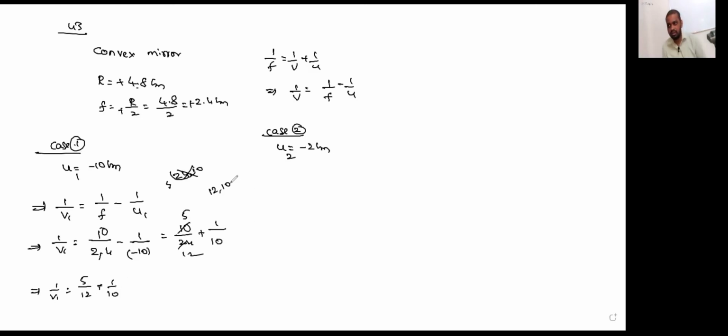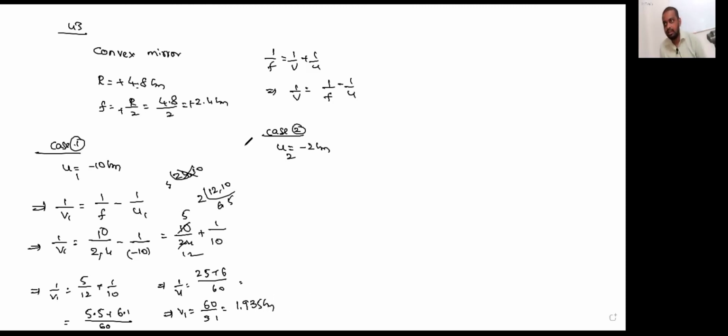LCM of 12 and 10 is 60 only. Here you will have 5 into 5, and 6 into 1. Then 1/v1 is equal to 25 plus 6 divided by 60. Then v1 is equal to 60/31. The value of 60/31 is 1.935 centimeters.